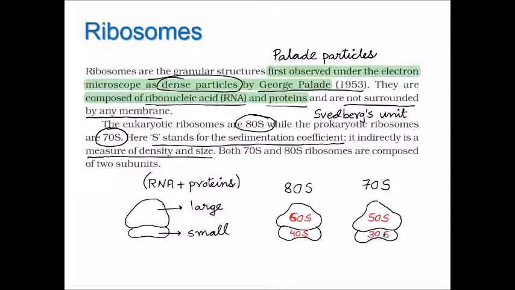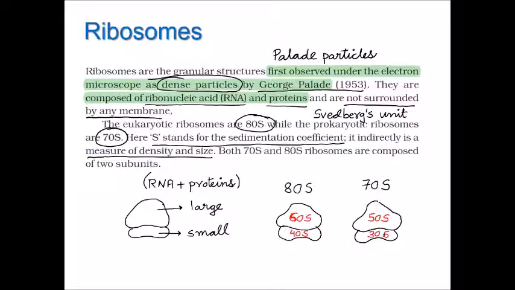If you add 60 plus 40, it should be 100, and 50 plus 30 should be 80. But when these subunits are taken separately and their density or size is measured, you get 60S and 40S. When the two combine to form a single ribosome, their density changes or decreases, and it will be only around 80S.